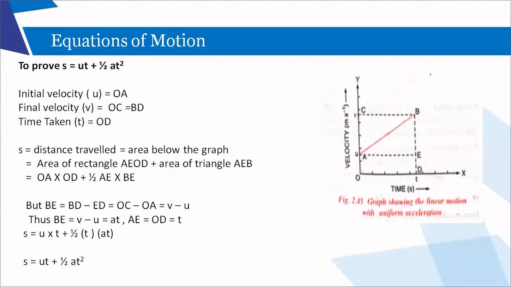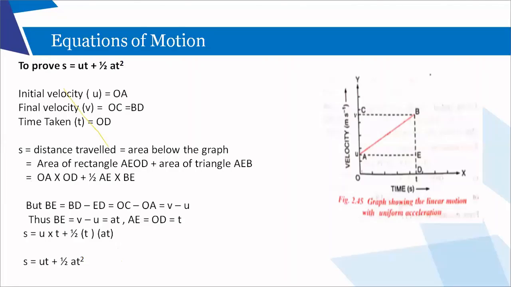BD minus ED. But BD corresponds to OC, because they are the opposite sides of the rectangle. So BD and OC are the same. Instead of BD, I can write OC, and instead of ED, I can write OA. Why do I do this? Because they give me those important variables V and U. So BE equals V minus U, and I have already proved in the previous equation that V minus U equals AT. So I will put AT over there.